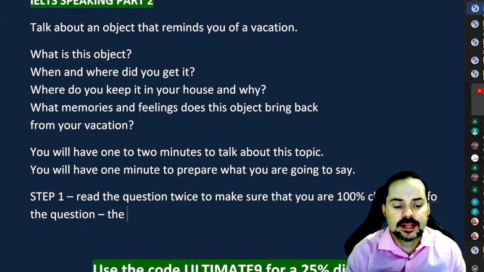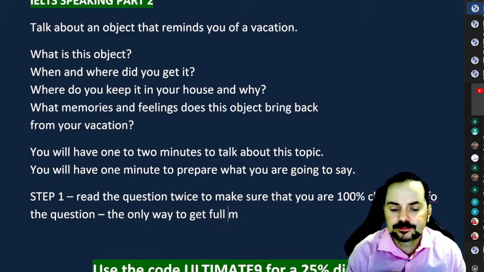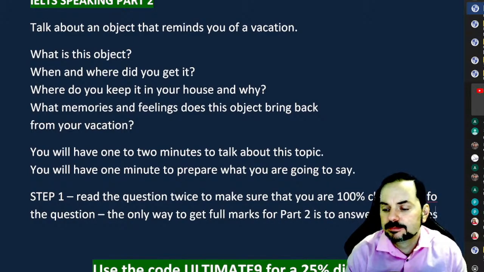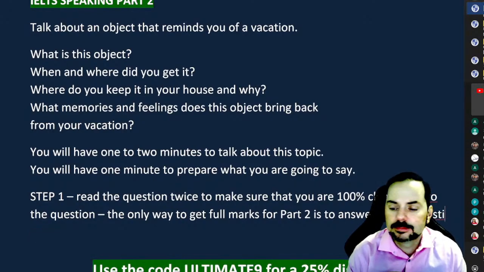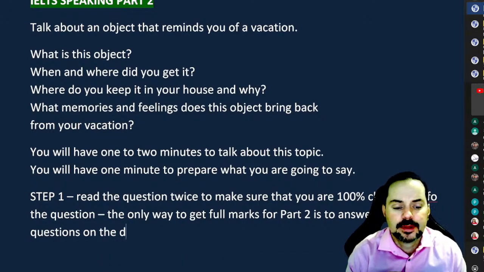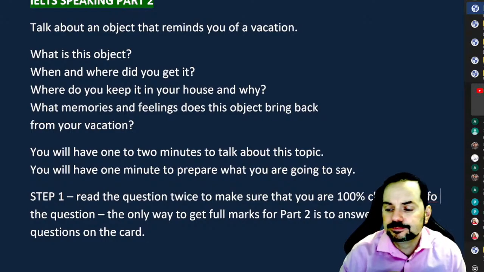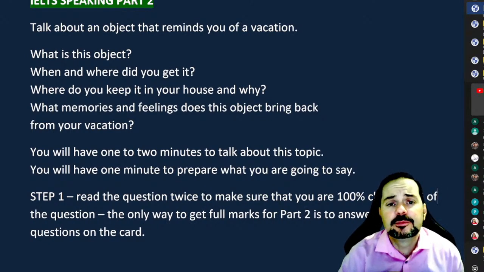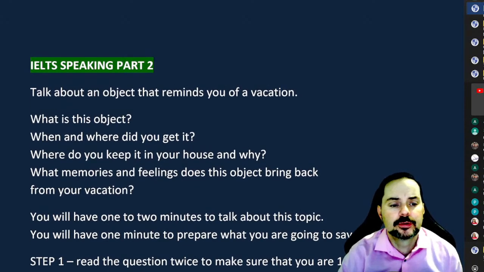The only way to get full marks for part 2 is to answer all the questions on the card. If you don't, then you cannot get full marks. So you have to answer all of the questions. So you really have to pay attention to the questions on the card, okay?